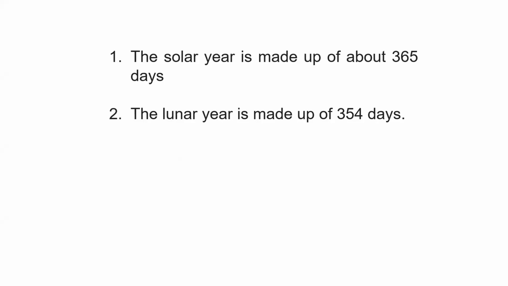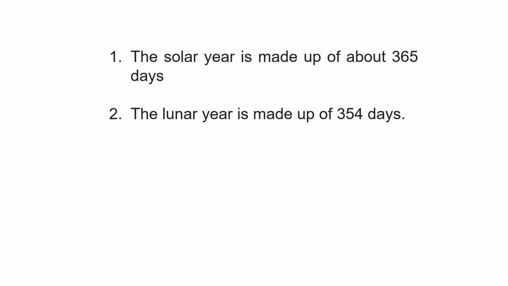And very likely, the reason for the division of a solar year into 12 months has to do with how many rotations the moon makes within that solar year. And the moon makes about 12 rotations within one solar year.